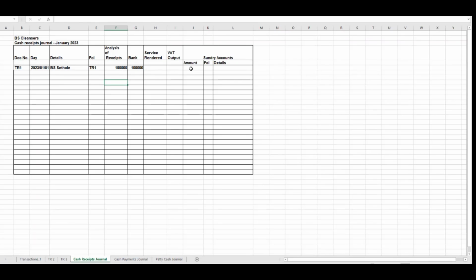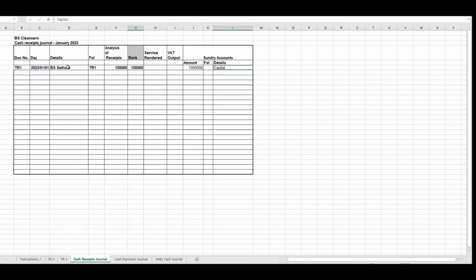We're going to jump to the sundry column and have it there, and we write that this is capital. If you look, the two GL accounts that are affected are bank and capital.